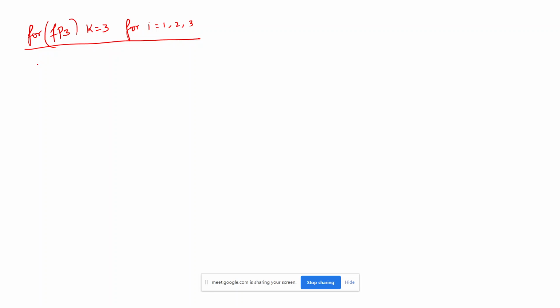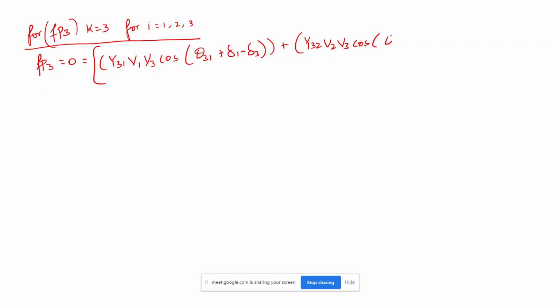So if you solve this, then fp3 is equal to 0 is equal to y31 v1 v3 cos theta 31 plus del 1 minus del 3, plus y32 v2 v3 cos theta 32 plus del 2 minus del 3, plus, I will write here, y33 v3 v3 cos theta 33, or q33 theta 33, you can write anything, plus del 3 minus del 3, minus p3.